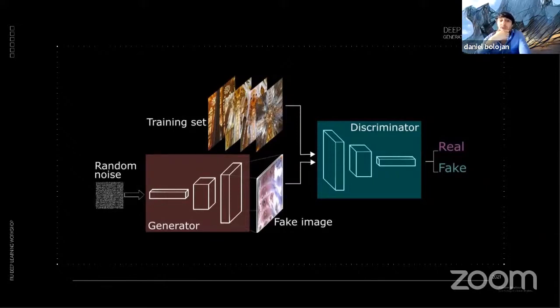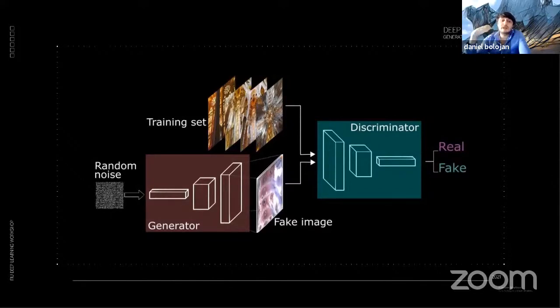If it generates an image that the discriminator can immediately say is fake, it gets a negative reward. If it generates an image that the discriminator cannot tell is fake, then that's really good, and it gets a positive reward.